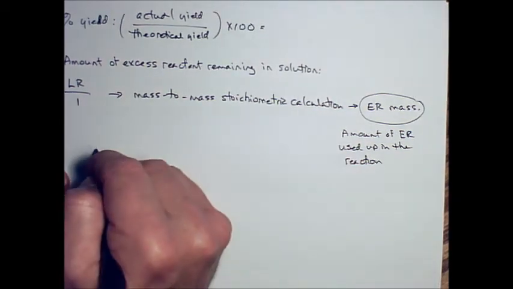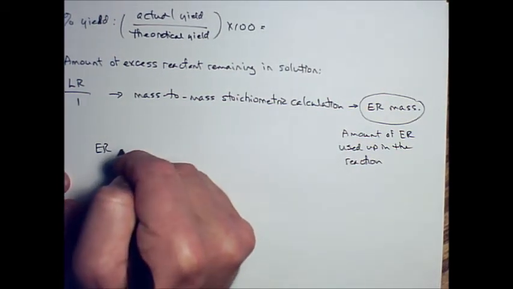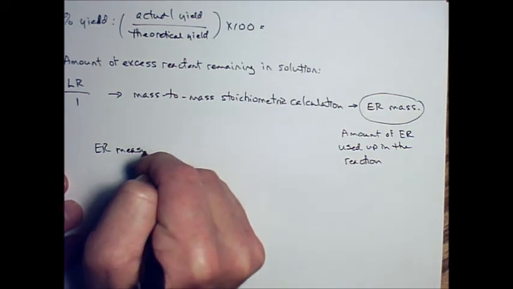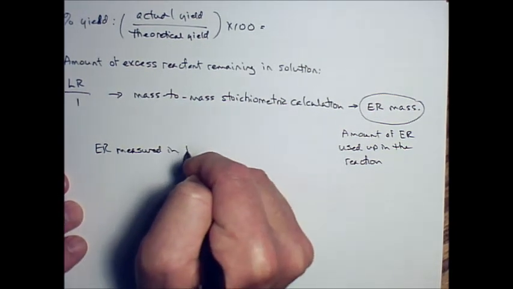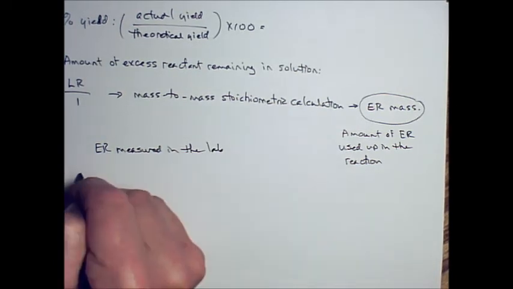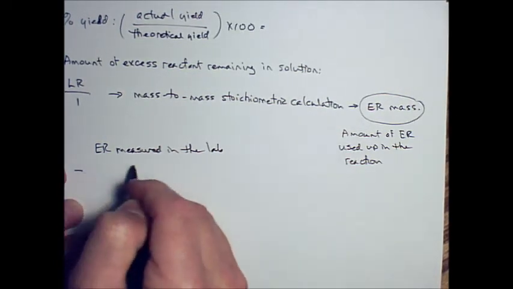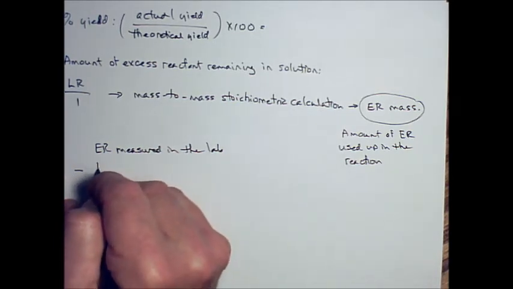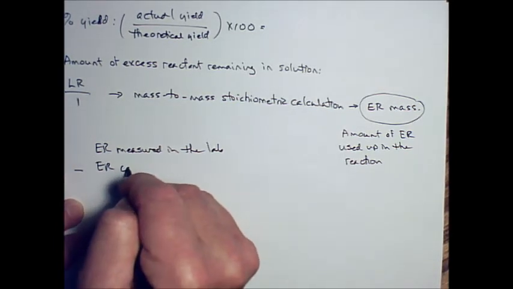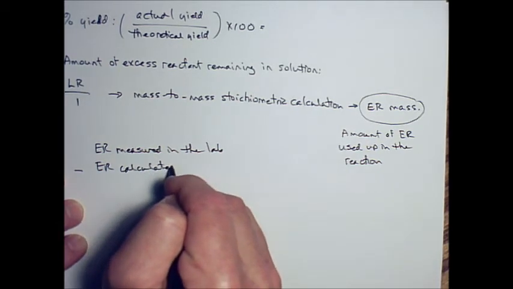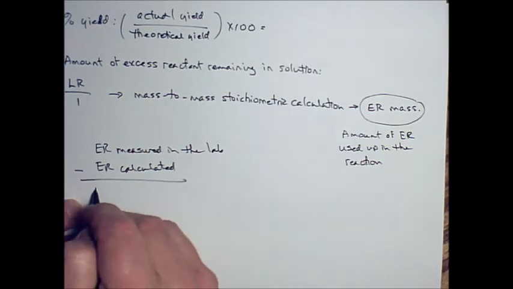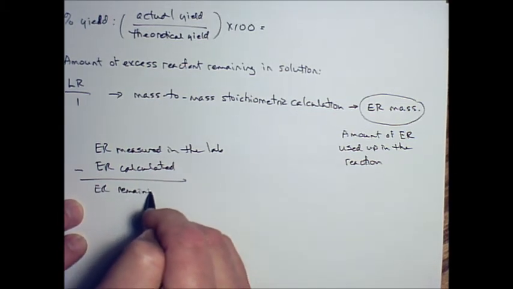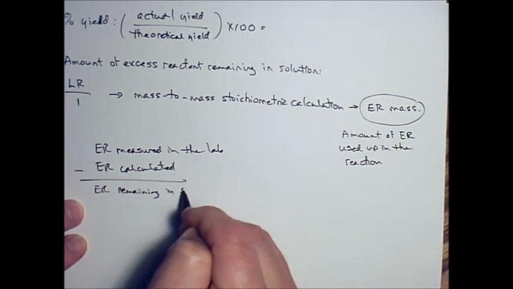So you have the excess reactant species that you measured in the lab. You subtract the excess reactant that you calculated, and that gives you the excess reactant remaining in the solution.